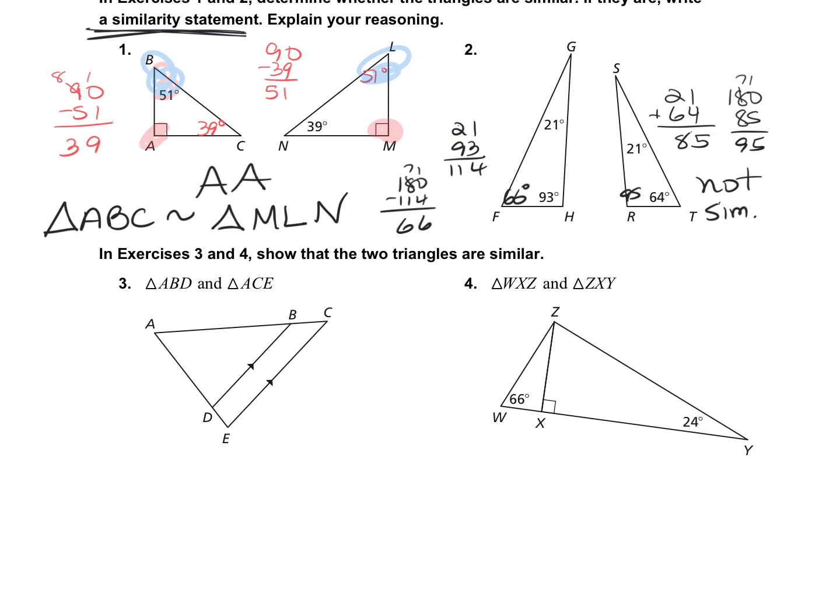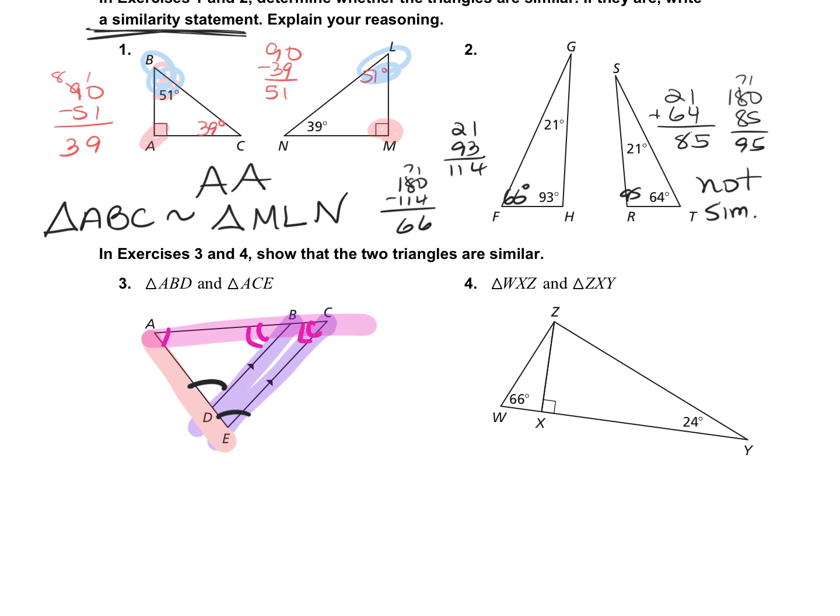Over here, if it asks you to show that these two triangles are similar, notice I've got the parallel sides. I could use this side as a transversal, which would make this angle congruent to this one. I could also use this other side as a transversal, and that would make this angle congruent to this.